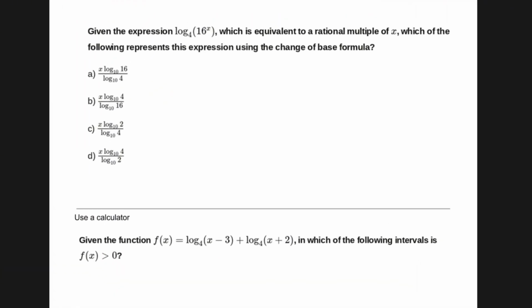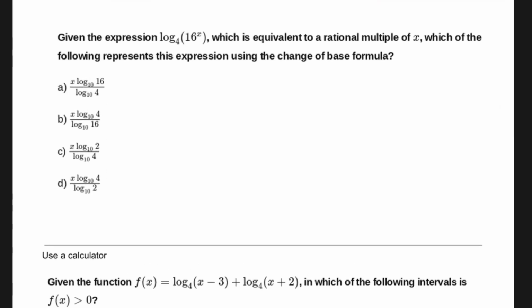Well, let's do a couple multiple choices, and then we can wrap this sucker up. Given the expression log base 4 of x to the 16th, which is equivalent to a rational multiple of x, which of the following represents this expression when using the change of base formula?